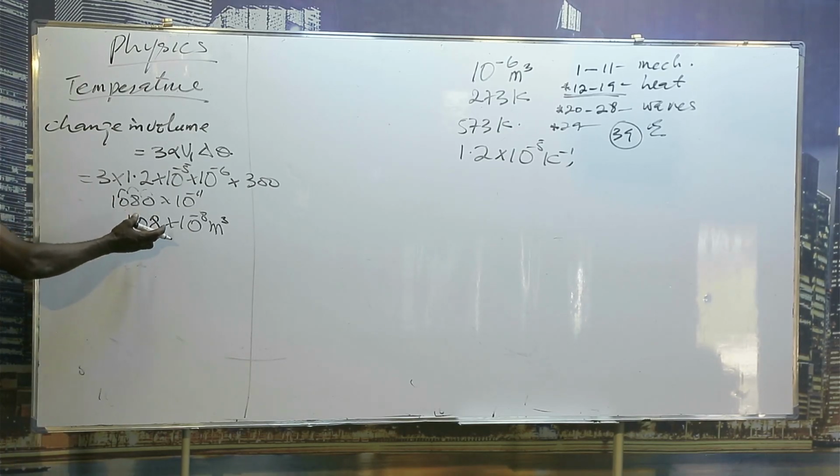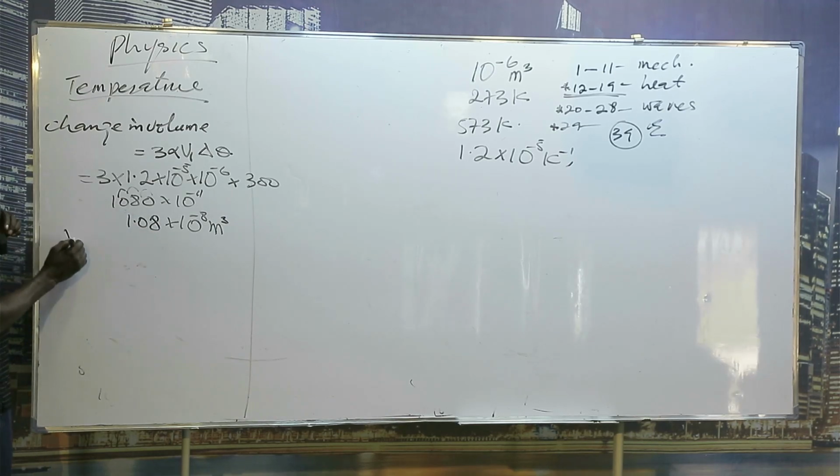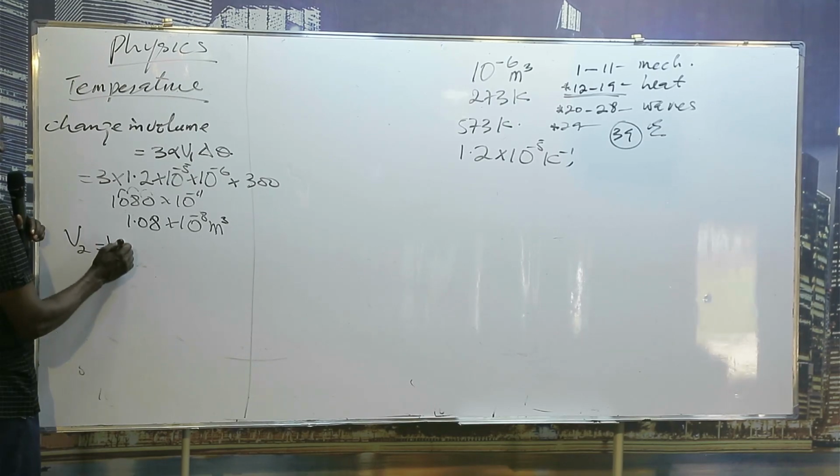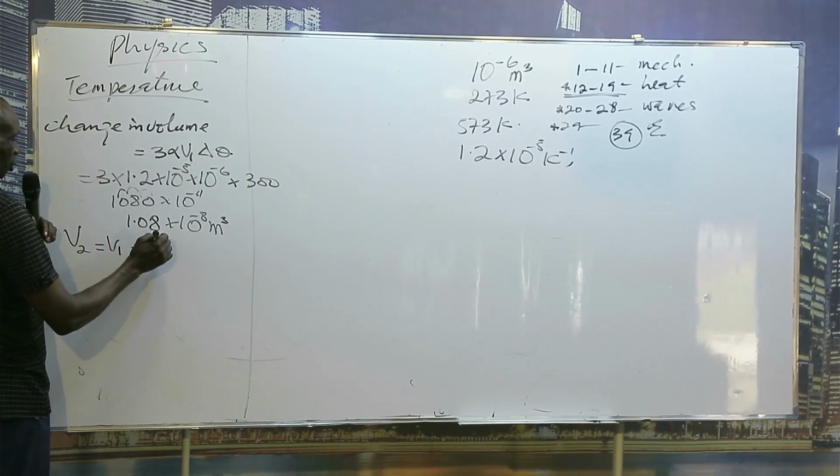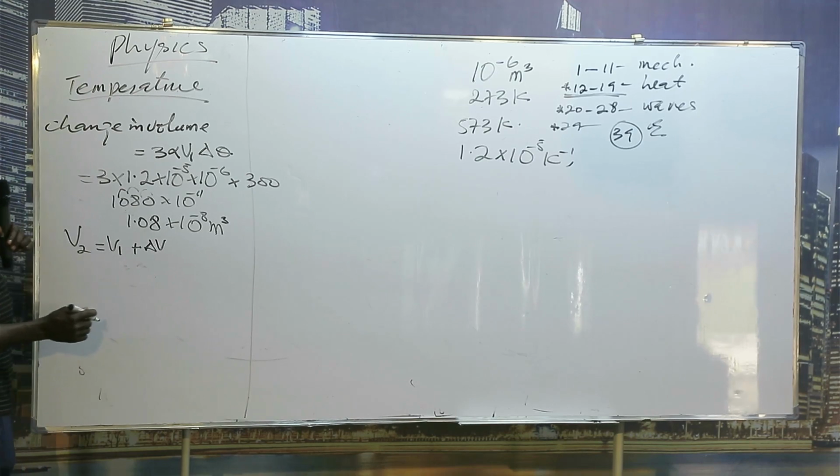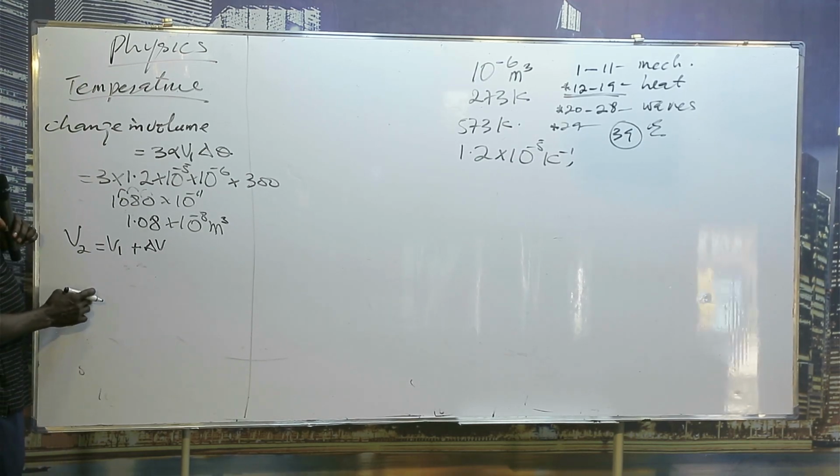And we now lift this change in volume. They said percentage. If I want to get the final volume, V2 equals V1 plus the change in volume. That's what I taught you.